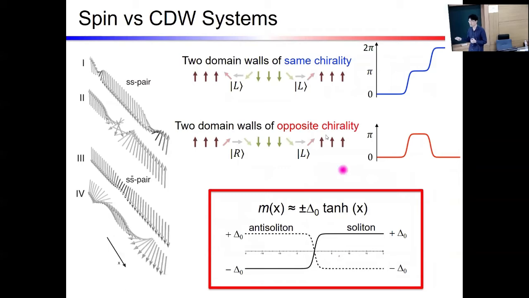So these two differences actually give different responses with respect to an external magnetic field. When you apply the magnetic field in this system, we cannot remove this domain. When you apply the magnetic field in the up direction, they still keep winding, the 2 pi winding cannot break.